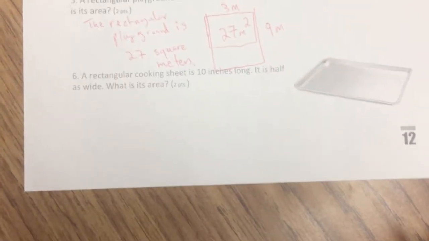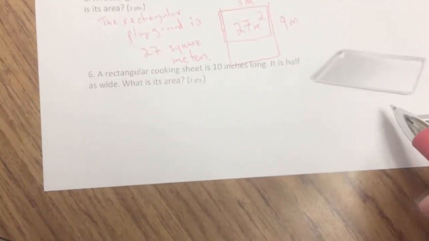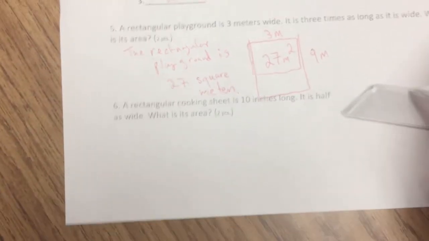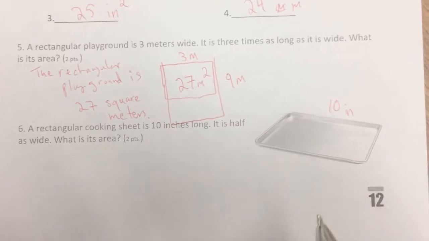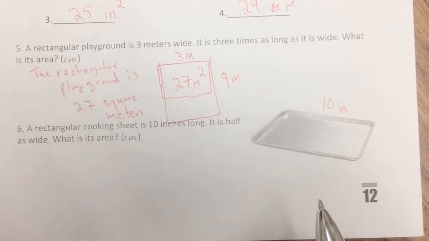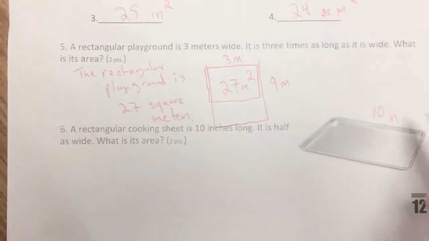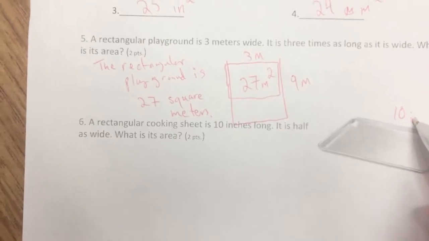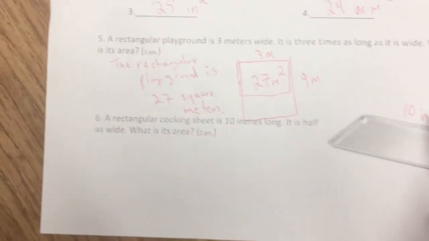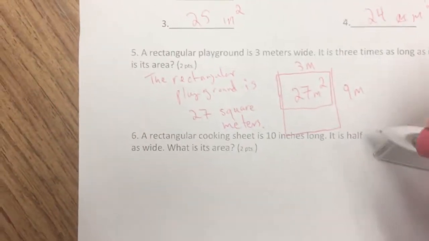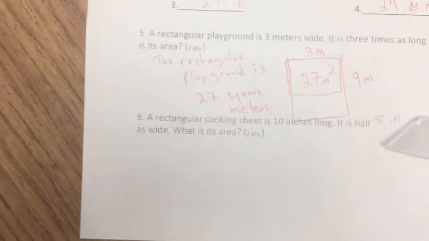A rectangular cooking sheet, like this one in the picture, is 10 inches long. So that side is 10 inches. It is half as wide. So if it's 10 inches long, but it's half as wide, what's half of 10? What's like our 10 fingers or 10 toes? Half of 10 is 5, so it must be 5 inches wide.